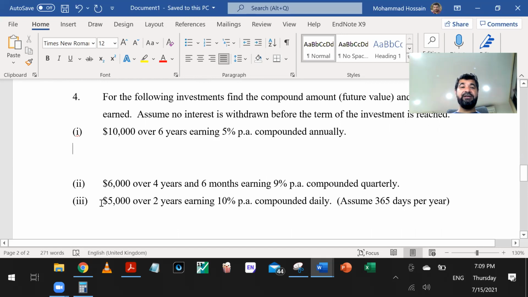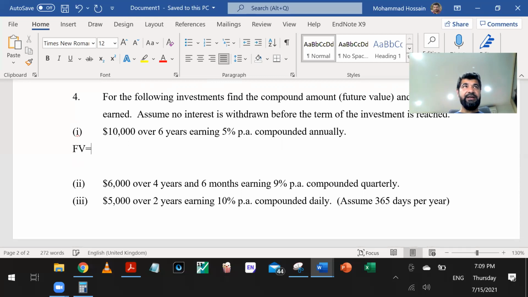Then 5,000, 2 years, 10% compound daily. All right. So first one, future value will be how much? Future value is equal to present value into 1 plus I.